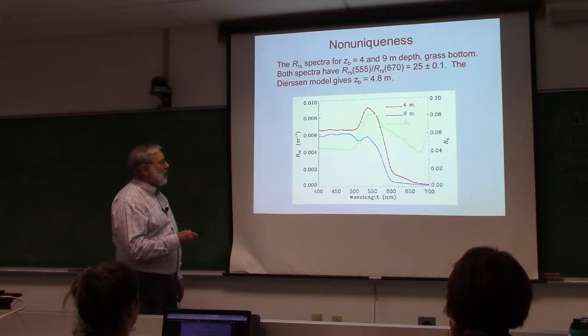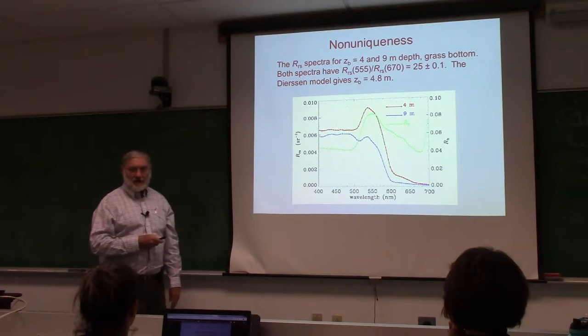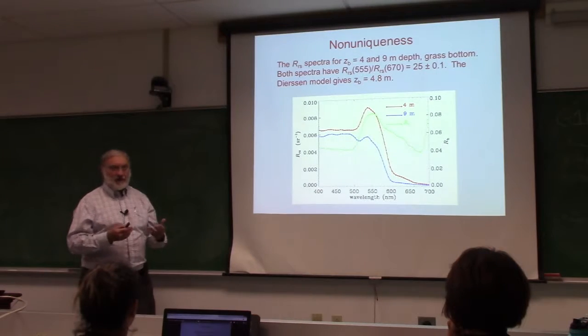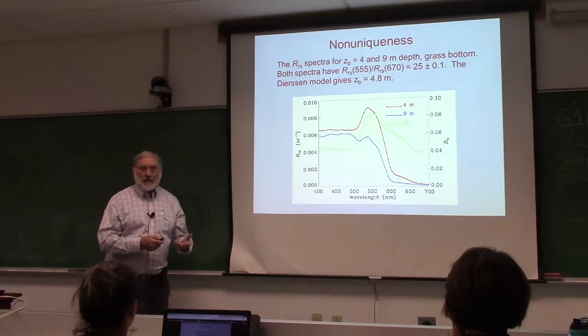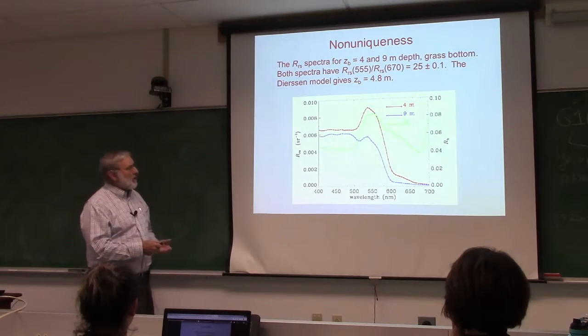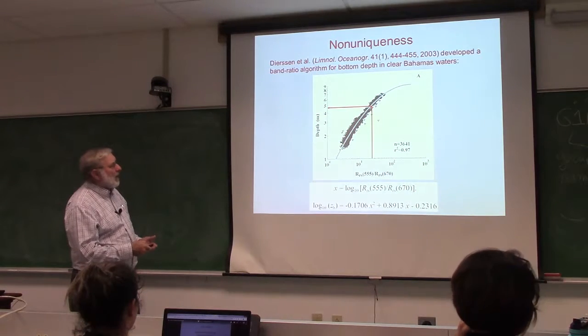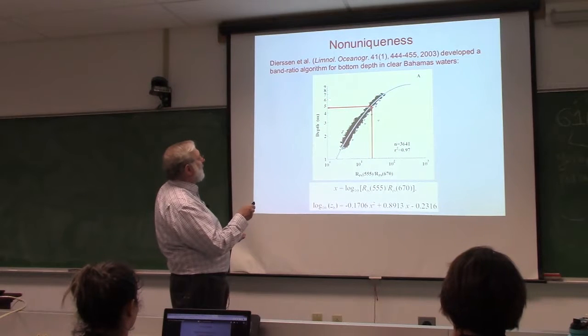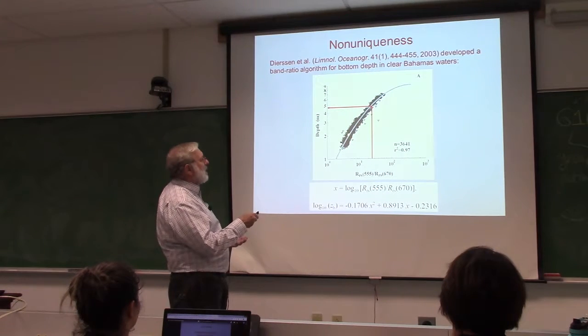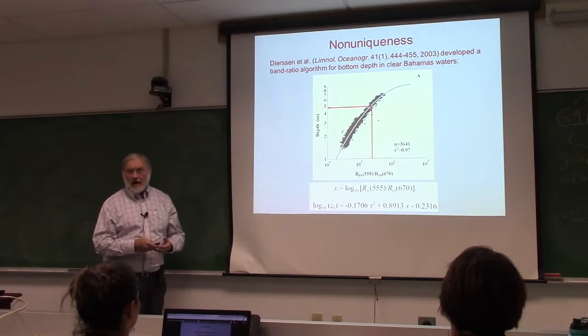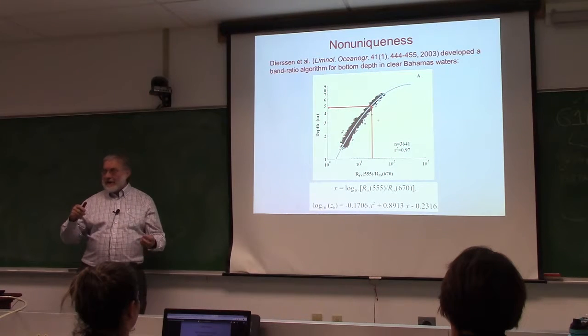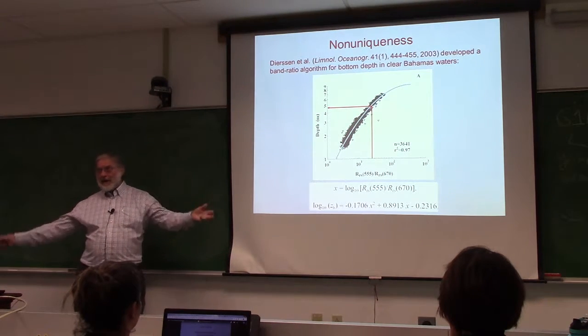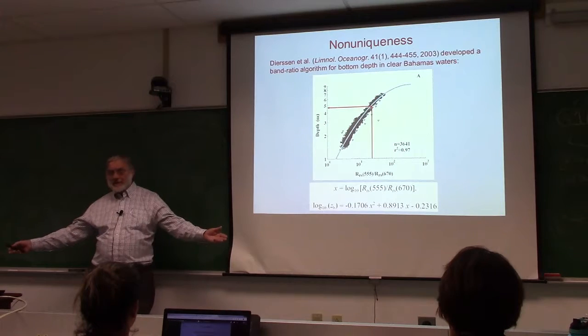And that's why it was retrieving a bad depth of 4 meters when it should have been retrieving 9 meters. So you always have this kind of stuff. And of course, the real problem here is her data went down to like 6 meters, and I shouldn't be trying to apply a model built on a data set that went to 6 meters in water that is 10 or 12 meters deep.